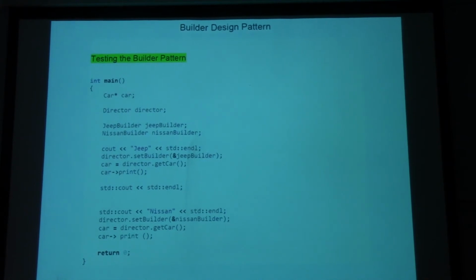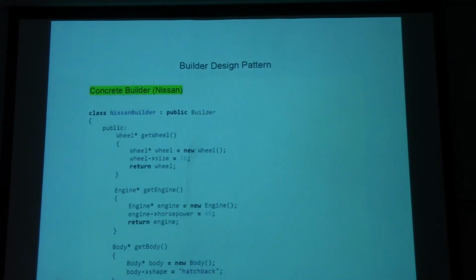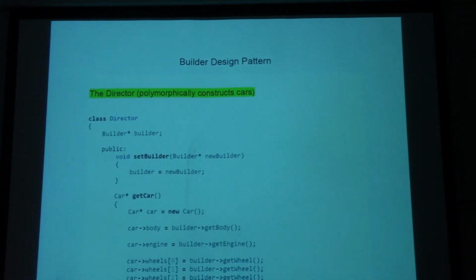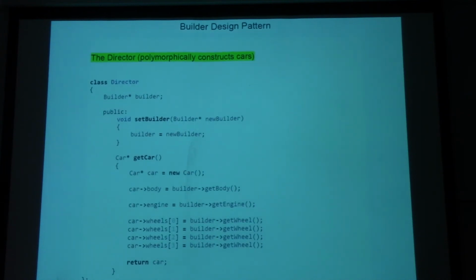So we have a pointer to a car. We're going to construct a director. Notice that there is no default constructor for a director. Right? We probably should have one, but we don't.